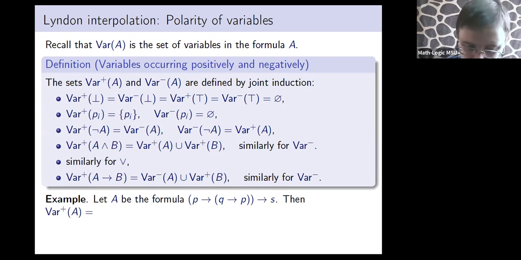The peculiarity is that it is not that a variable is positive or negative, but a particular occurrence of a variable is positive or negative. So here we have P here and P here. They may be different. Some of them may be positive, some negative, or maybe both positive or both negative. So everything may happen. So S is positive clearly.